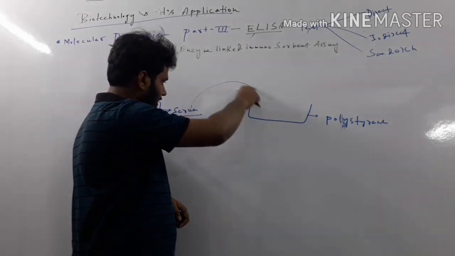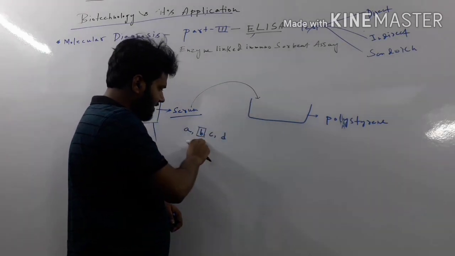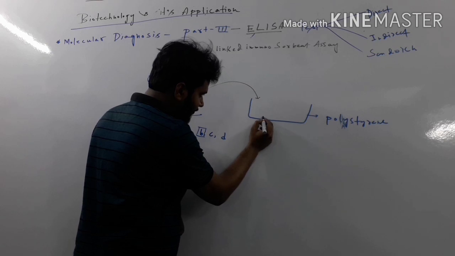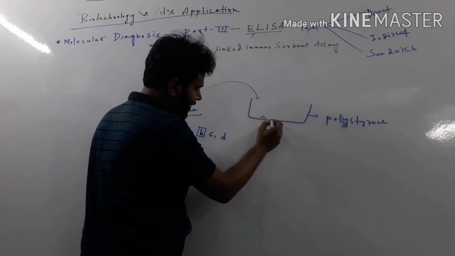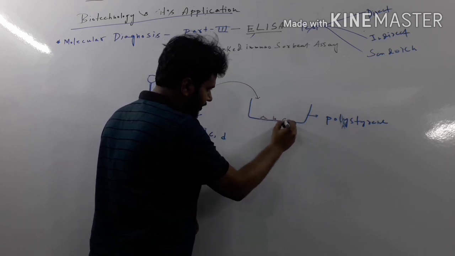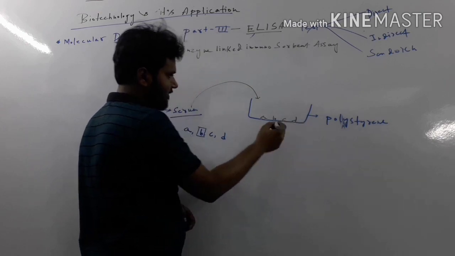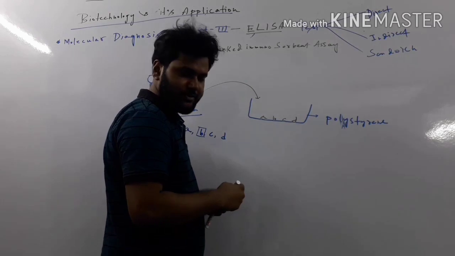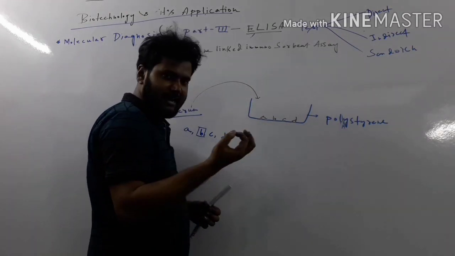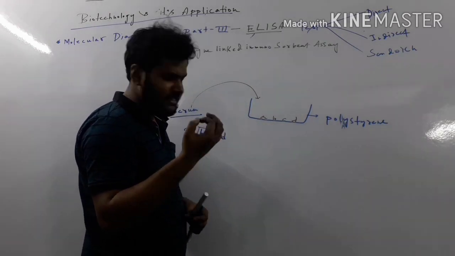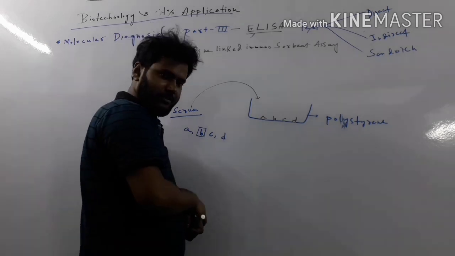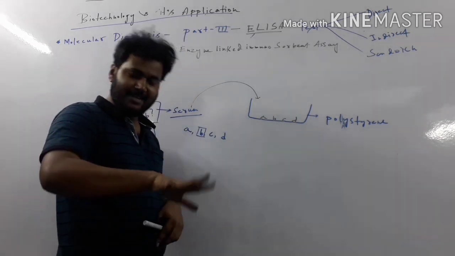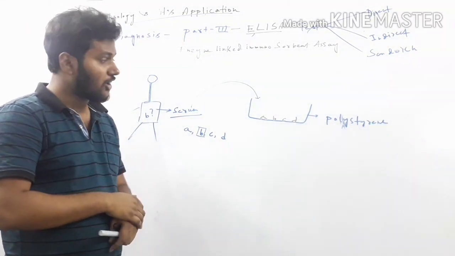So if you deposit the serum here, all these antigens will stick to the surface, for example A, B, C, D. These antigens have an affinity to stick to the surface, and this affinity is facilitated by the sorbent.